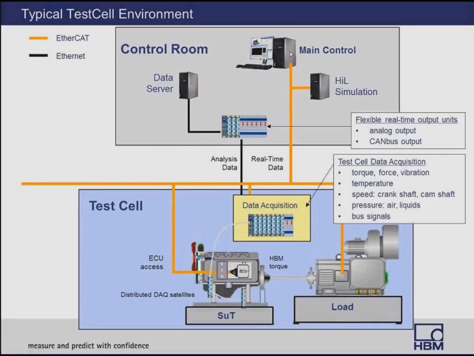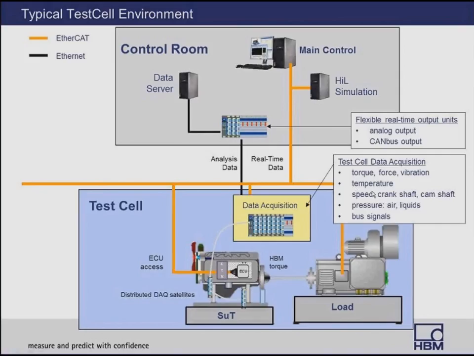So using the software, you can run the simulation and in real time interact with the rest of the hardware, whether it's a system under test, the load, the data acquisition system, and do analysis, all using this EtherCAT bus.